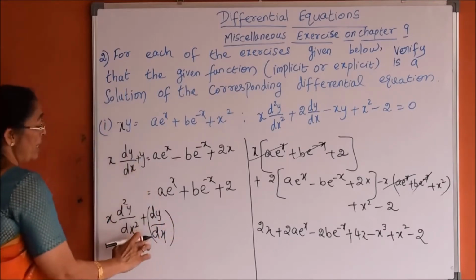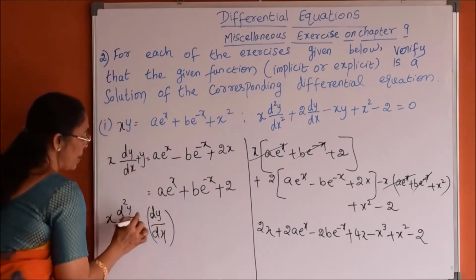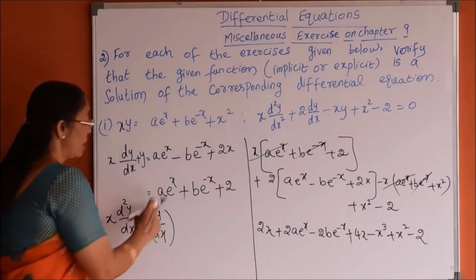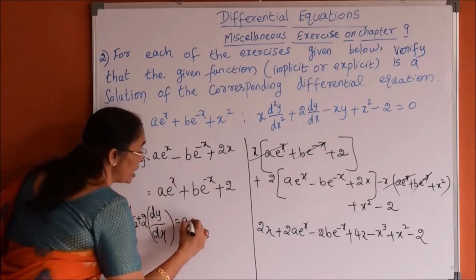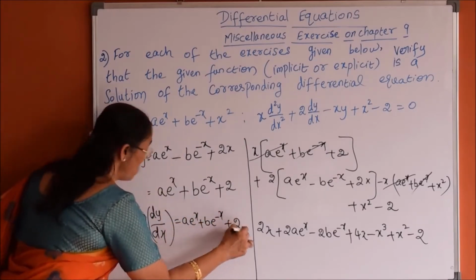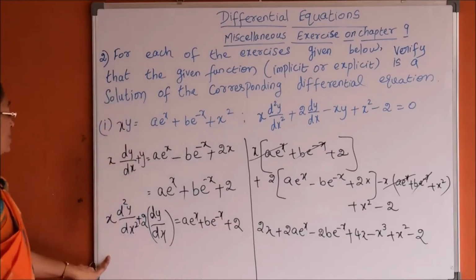So 1 dy by dx, and one more dy by dx, together we get 2 times dy by dx. And the right hand side is the same, a e power x plus b e power minus x plus 2. So we have done 2 times differentiation here.